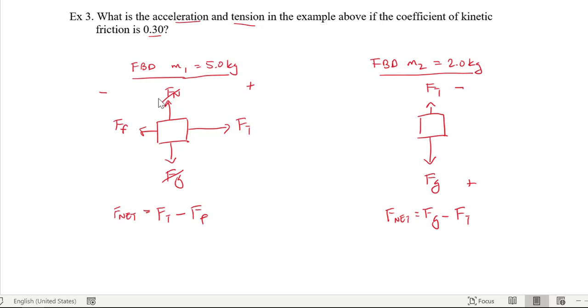Next step, sub in your known equations. That's going to be M1A equals Ft minus mu Fn. And this is going to be M2A equals M2G minus Ft.